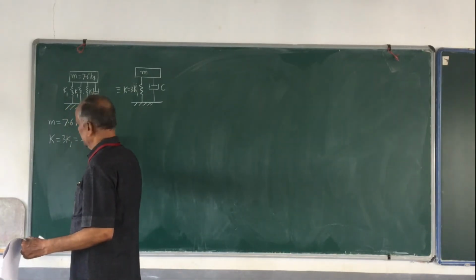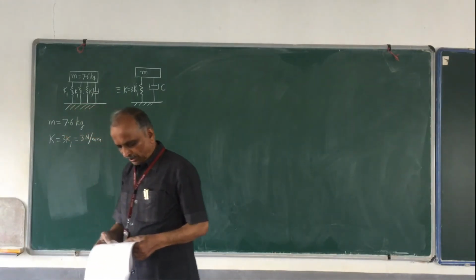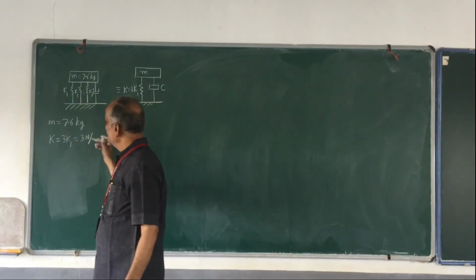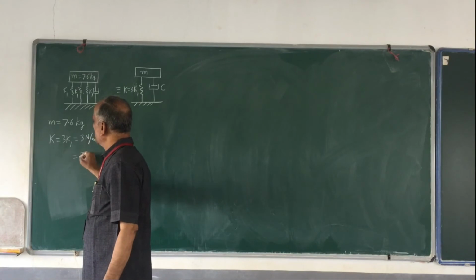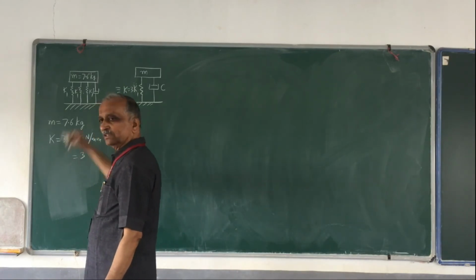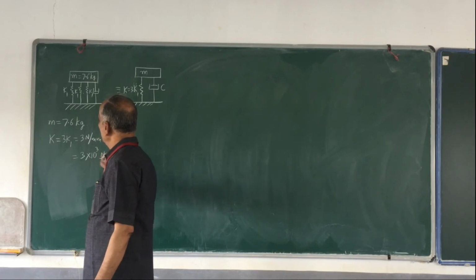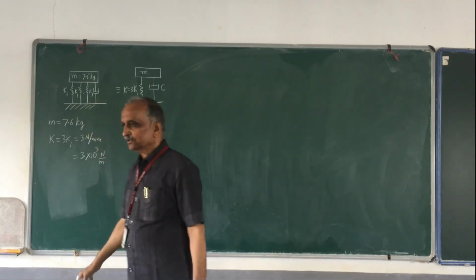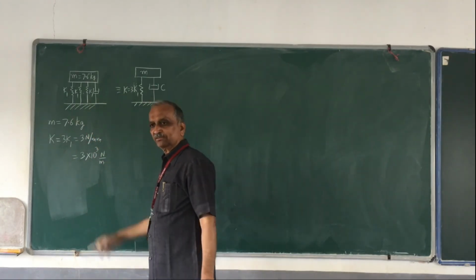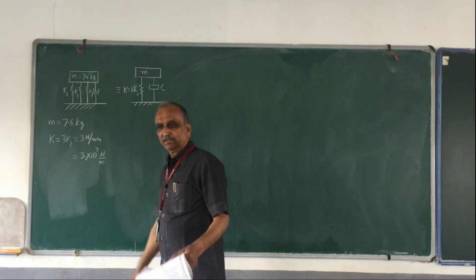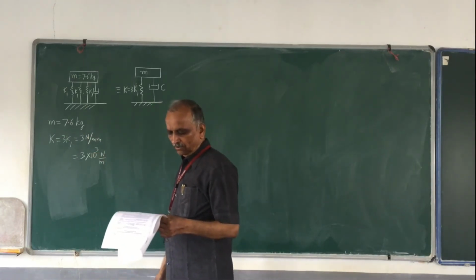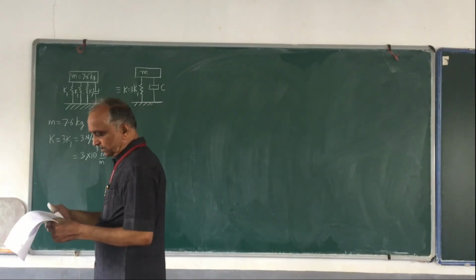It is 1 Newton per millimeter, but I don't want millimeter, so I shall convert it. 1 millimeter is 10 raised to minus 3 meter, so that gives 3 into 10 raised to 3 Newton per meter. K is known. Then what else do you know?